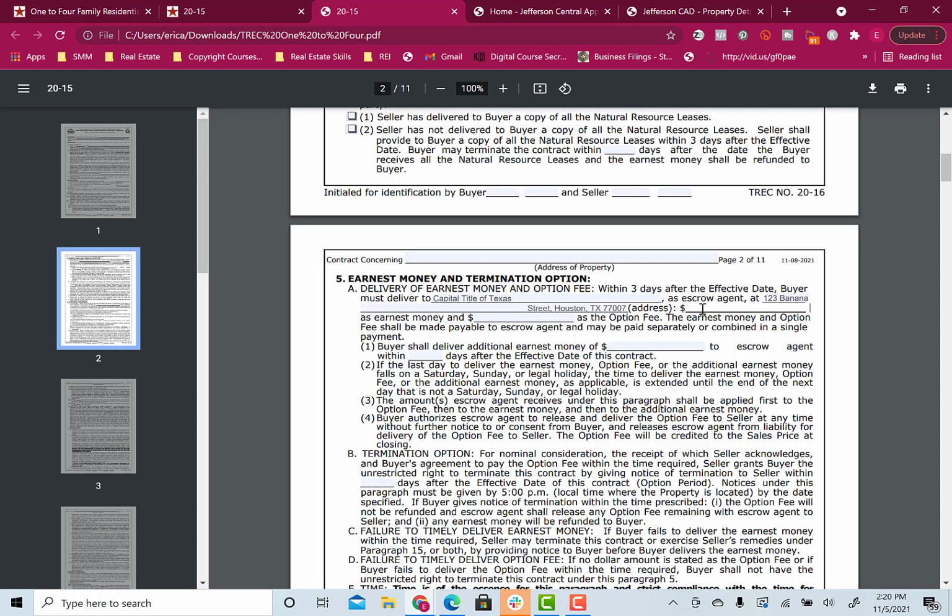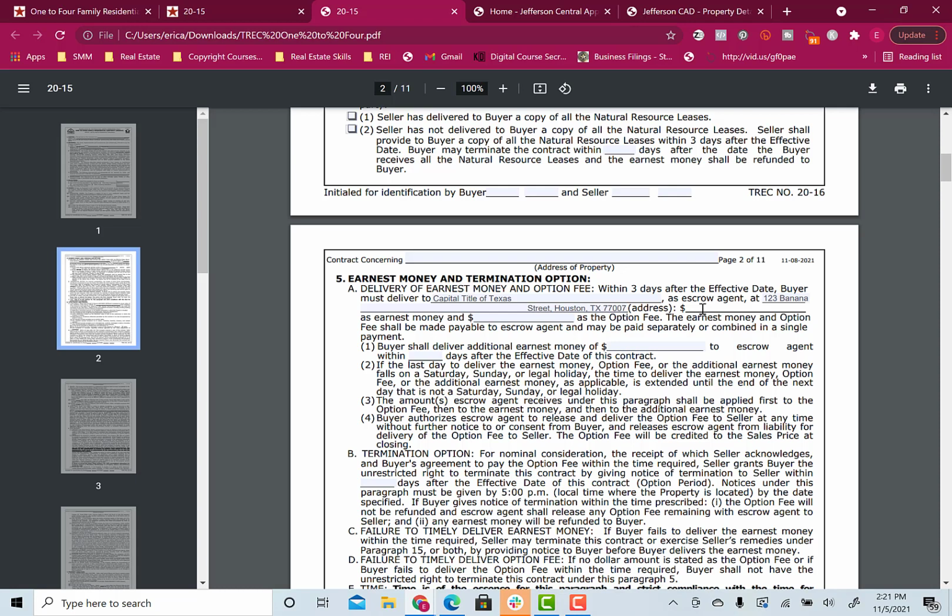So then in earnest money, it just kind of depends. There is no specific amount that you have to pay, but if you're doing something on the MLS, typically the realtors want to see at least 1% earnest money down. So if you have a $200,000 house, that would be $2,000 here.